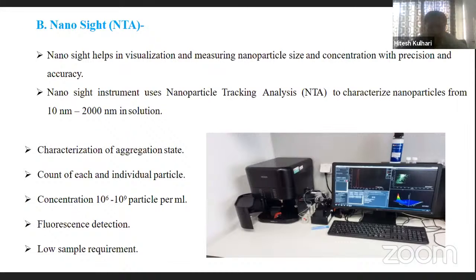It depends on the counting of the particles, so it will measure the size of each and every particle. DLS depended on the scattering of light: as we irradiate light on it, it will scatter the light. But this is based on the counting of the particles, and it will count each particle for its size.